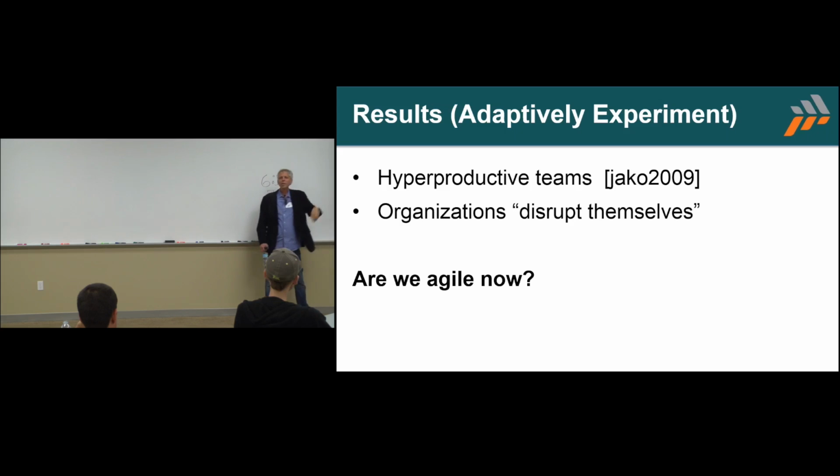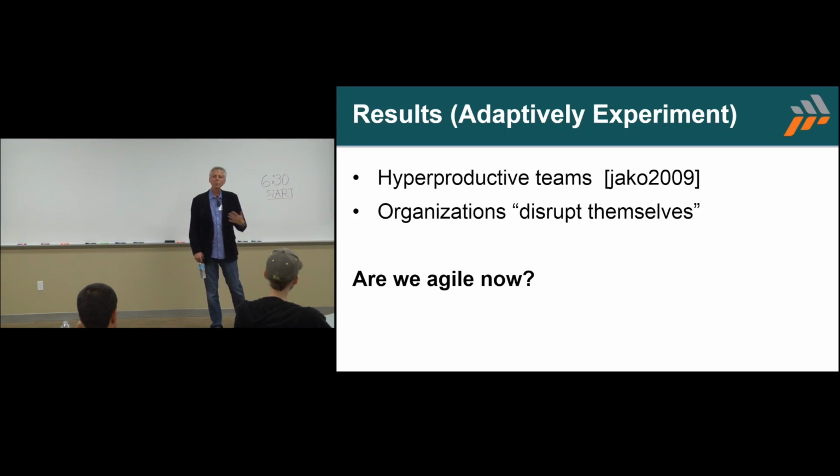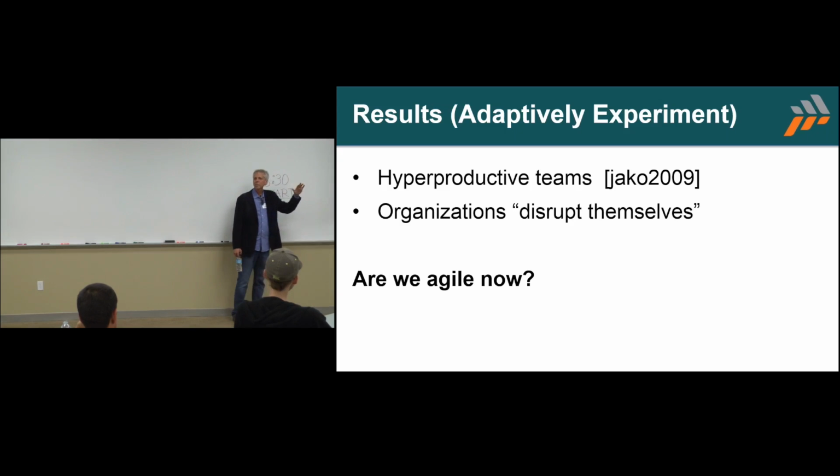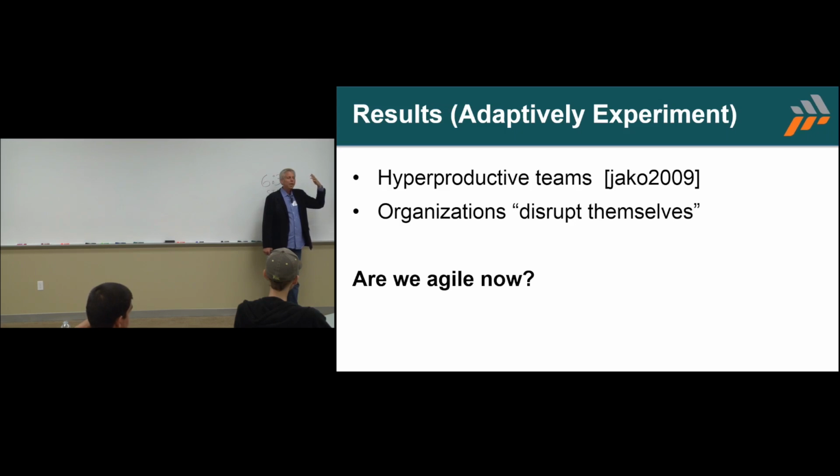This also applies to a bigger scale. It applies to a company. You see what's happening here: there's no software in here. These principles are not software principles. They're principles of agility in chaos. And so I argue that the best organizations disrupt themselves. They look to see what might improve, and they try experiments. So are we agile now?